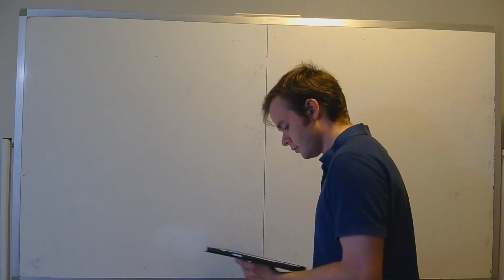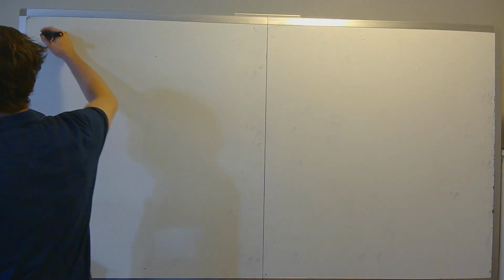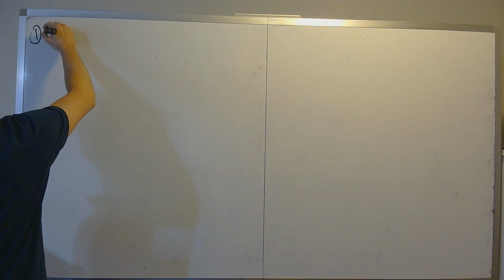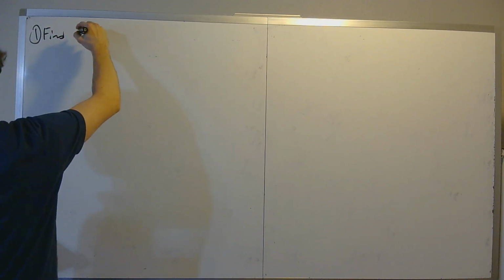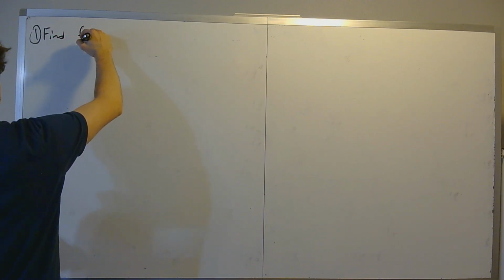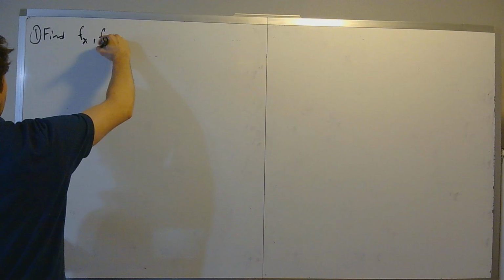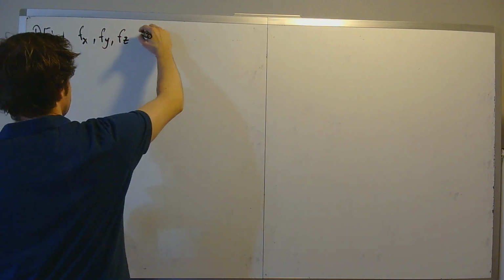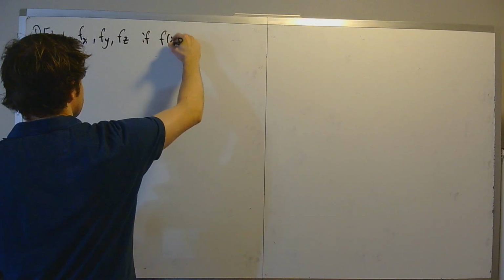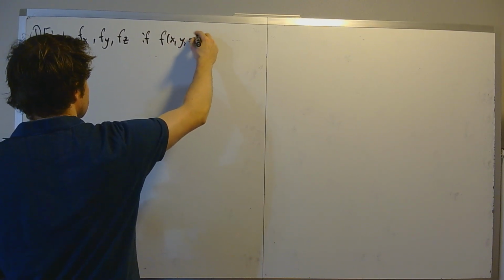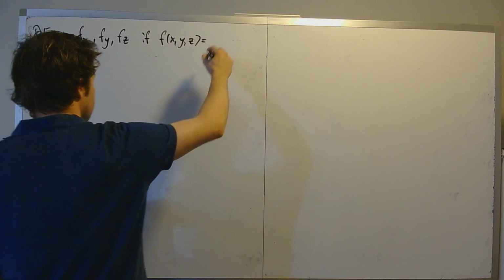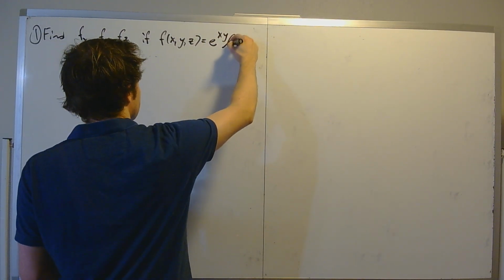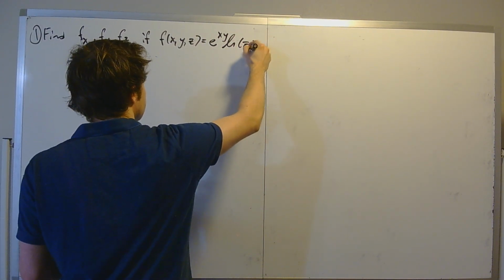Okay, so example number 1, we'll write here: find fx, fy, and fz if f of x, y, z equals e to the xy times the natural log of z.